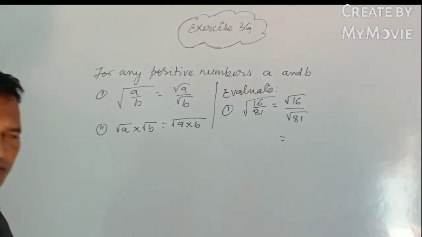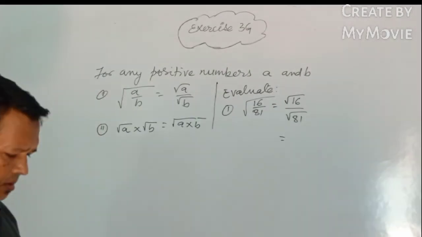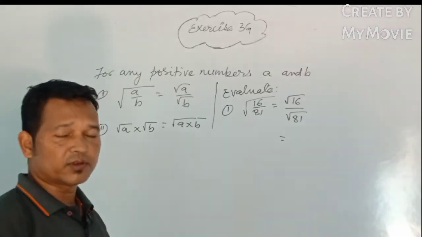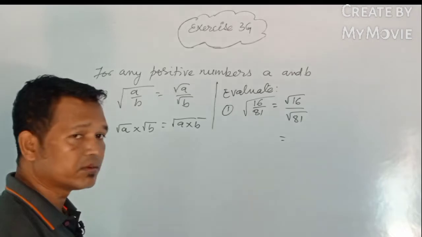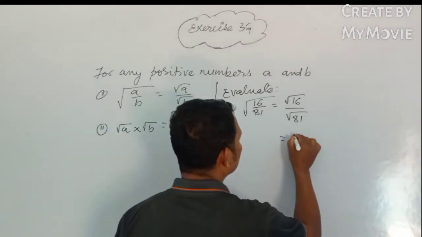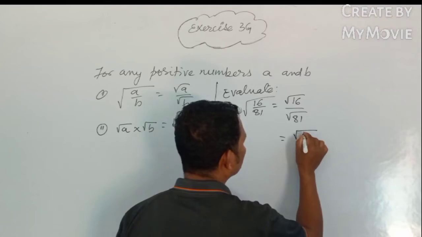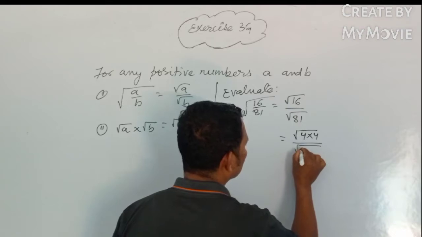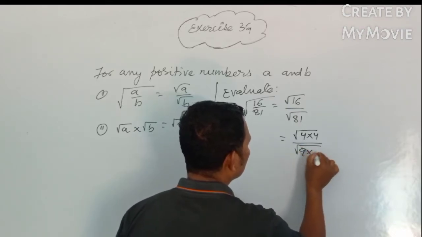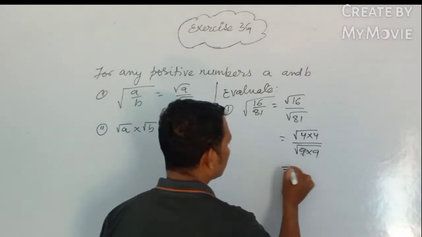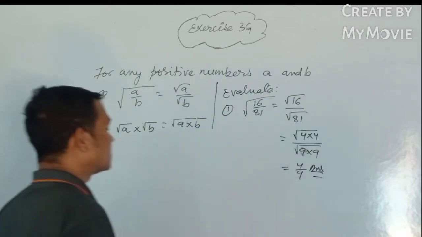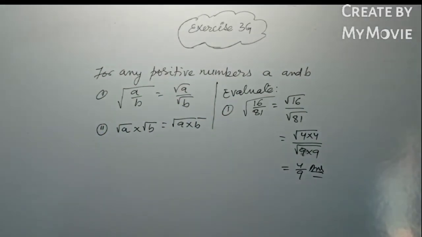You can find the square root by using any of the two methods that we learned, prime factorization method or long division method. If you use prime factorization method, then square root of 16 is equal to square root of 4 into 4 and square root of 81 is equal to square root of 9 into 9, and therefore this becomes 4 upon 9. So square root of 16 by 81 is equal to 4 upon 9.